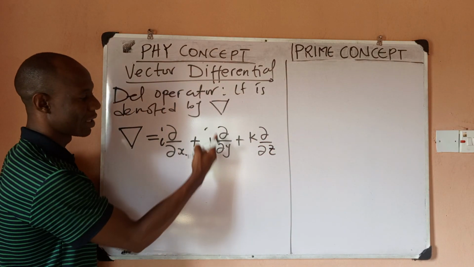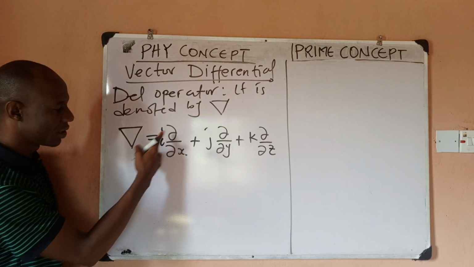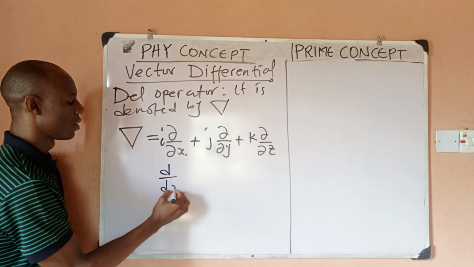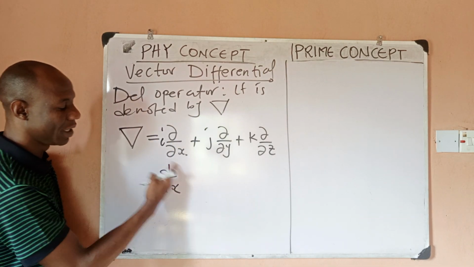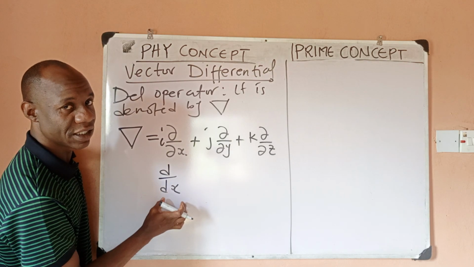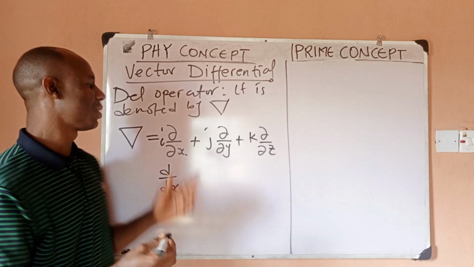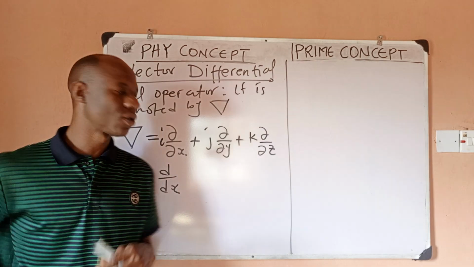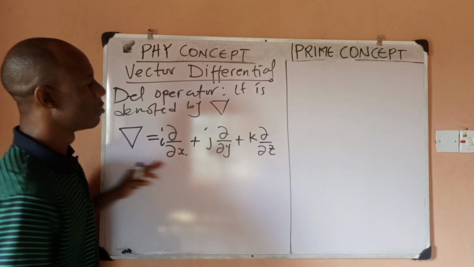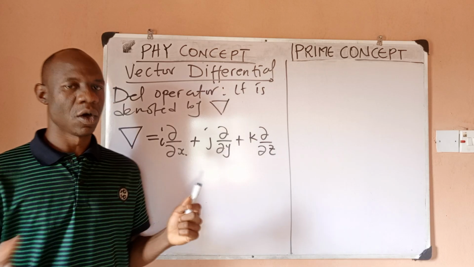So whenever I see this kind of symbol, this is not the same as d over dx. They are not the same. This means full derivative, while this one means partial derivative, which you would also learn in this video. It's not difficult, trust me. So this is the formula for the del operator.